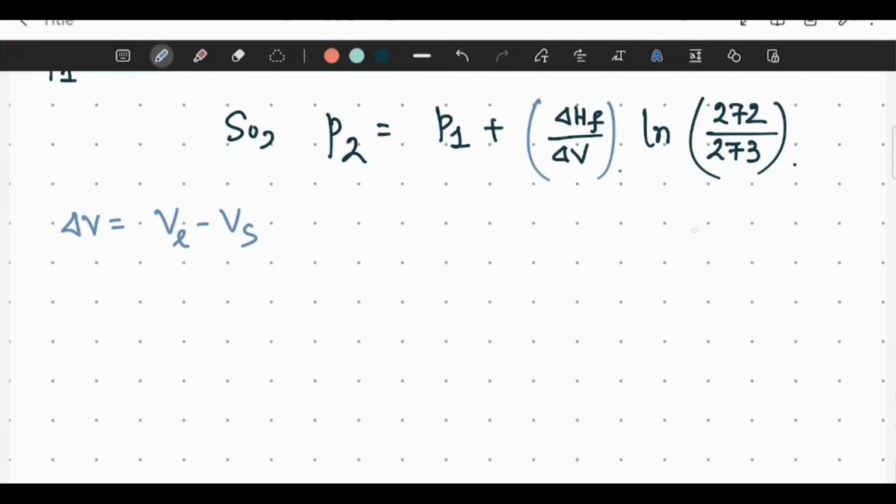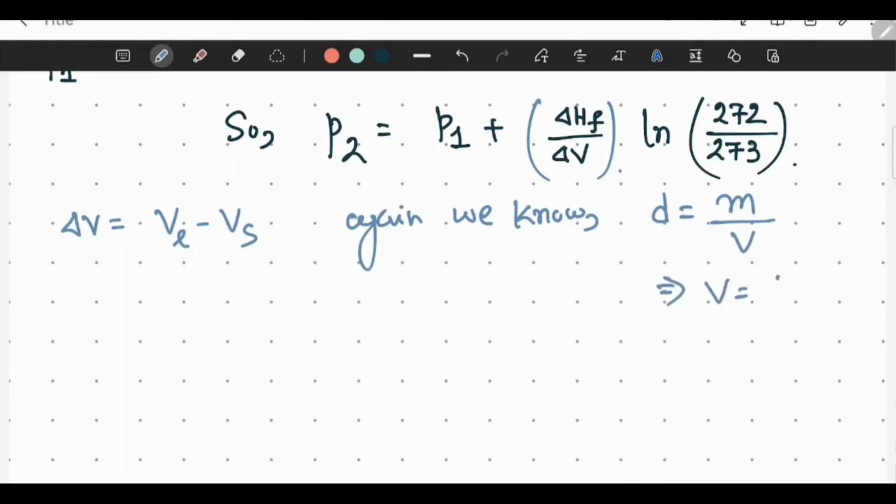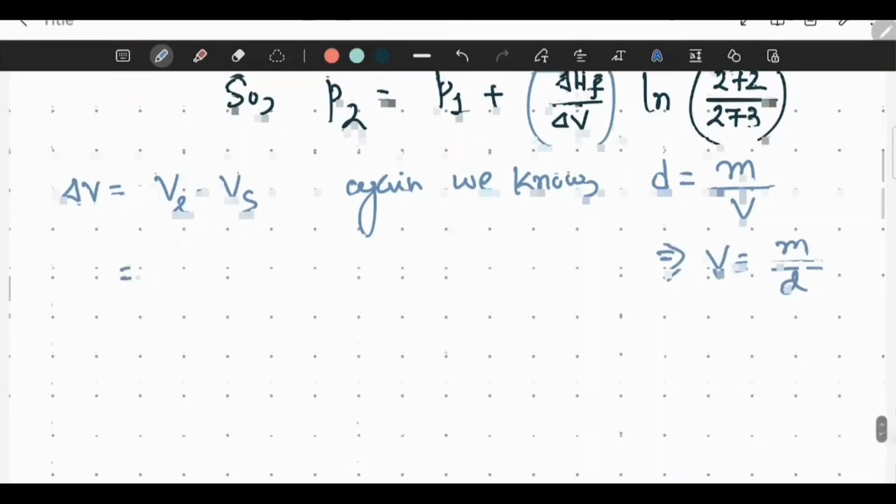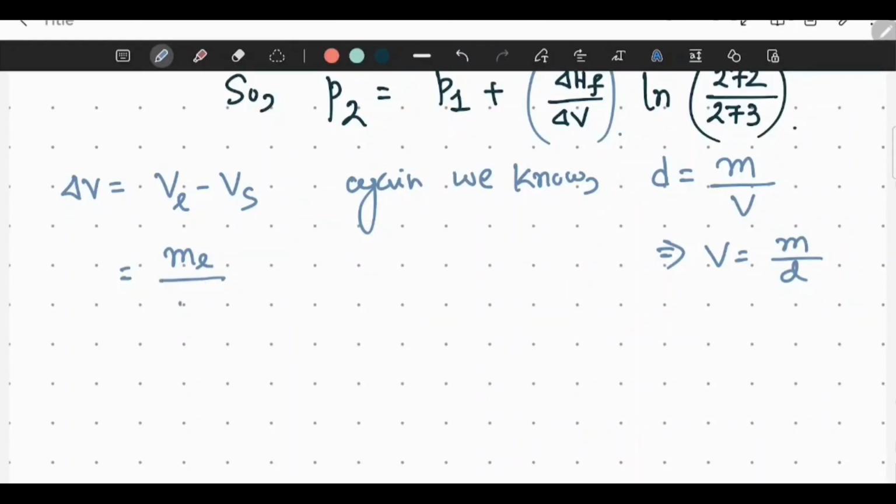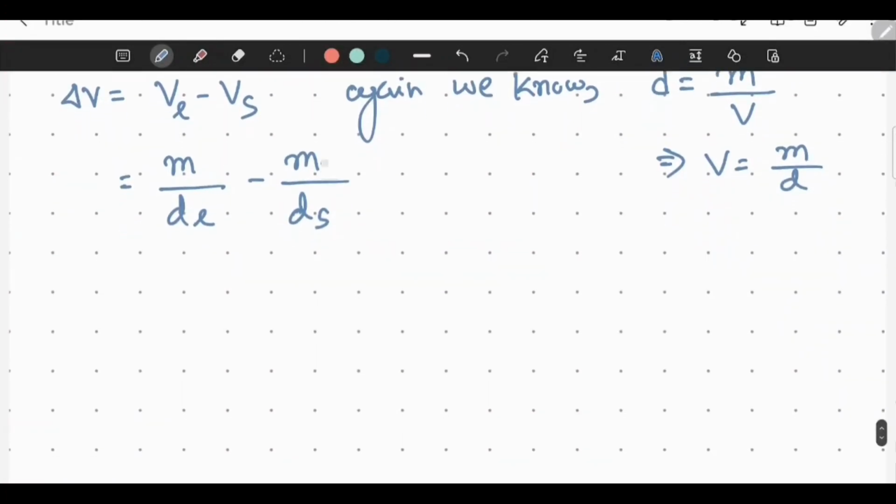Now we know density D is eventually M by V, or we can write V is equal to M by D. So it can be written as mass of liquid divided by density of liquid minus mass of solid divided by density of solid. And we know mass never changes. Mass will be constant, correct? So there will be change essentially in the density.